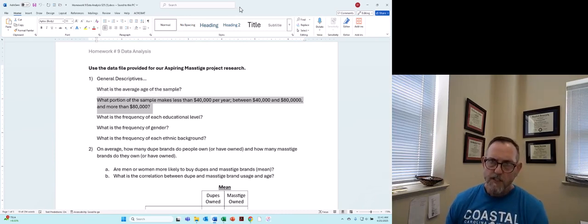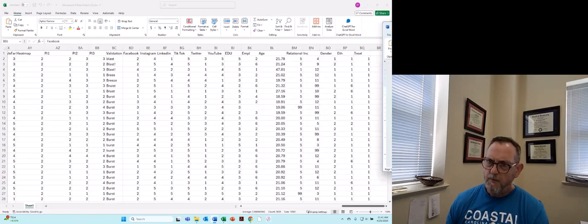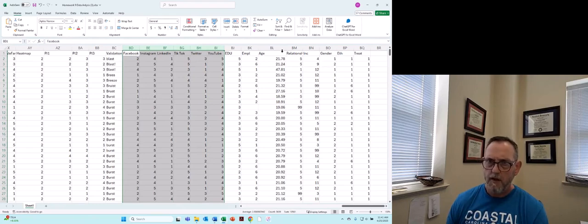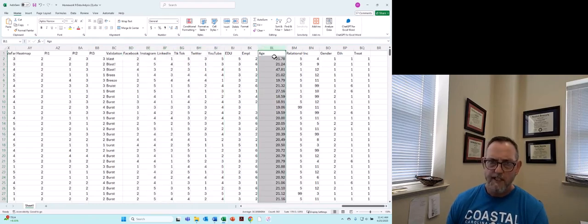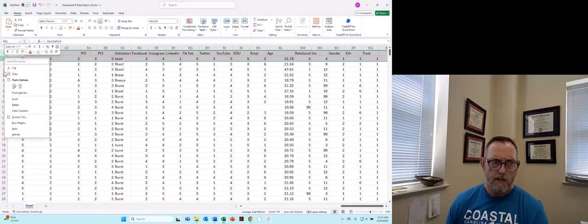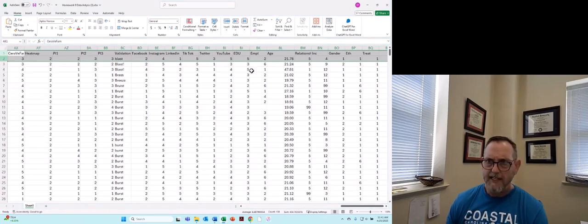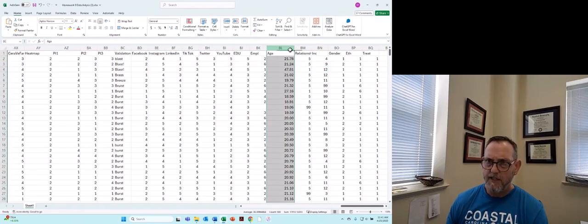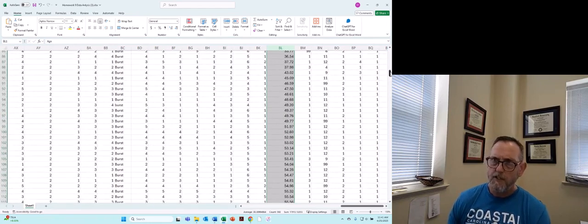Okay, so for questions like this, these are highly descriptive. First question is average age. So on something like this, remember this is your data set, so we can add data, or look at different things. We're going to look at this column in particular. A couple things we can do.